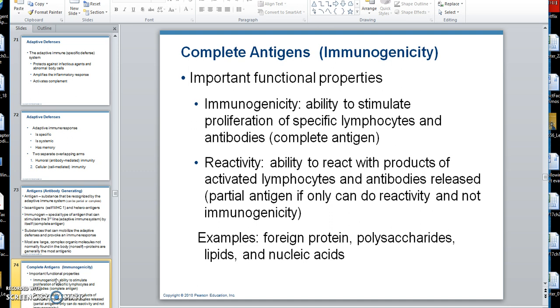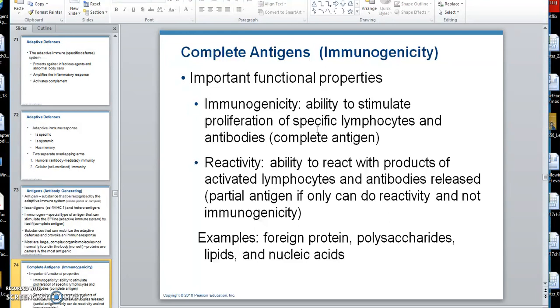Okay, so let's say you had the ink pen with the cap, and we just use it theoretically. If it got into the third line, and it is big enough to stimulate the third line to create fighters, thus it has immunogenicity. It's an immunogen. Immunogenicity is the ability to stimulate proliferation of lymphocytes. In other words, it will cause it to create fighters.